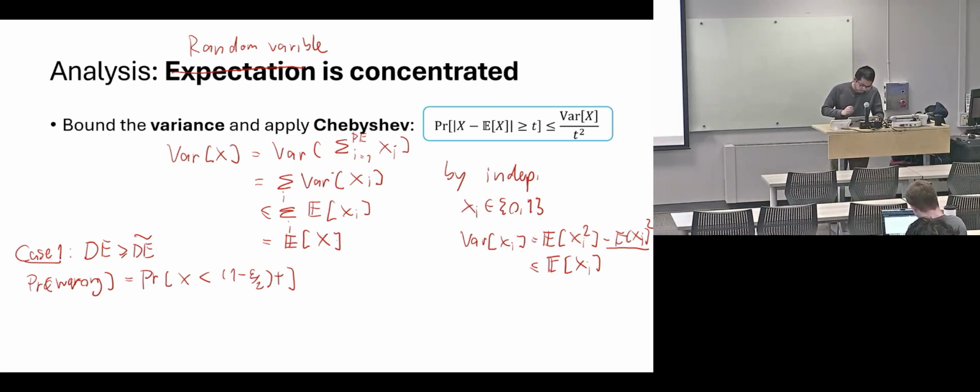So if we try to do this, what should we do? Try to make it look like something we can use Chebyshev on. Well, note that in this case, the expectation of x is at least t. So I can just replace this thing by the expectation of x.